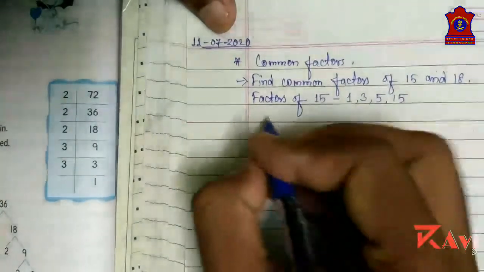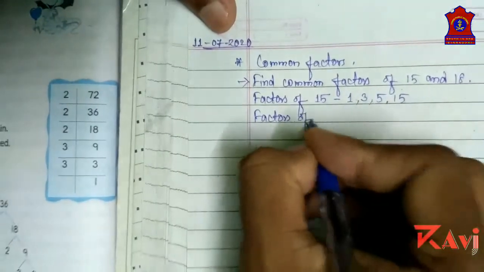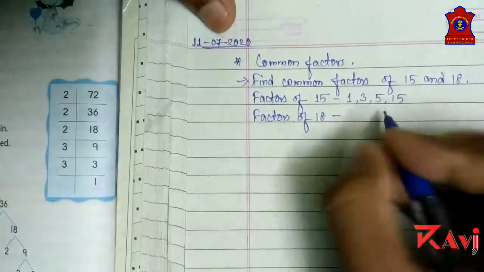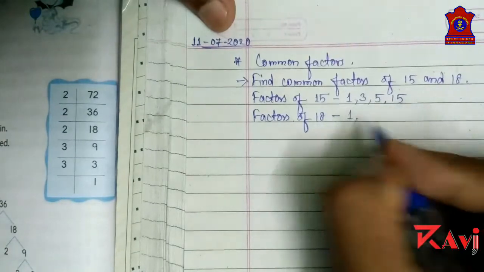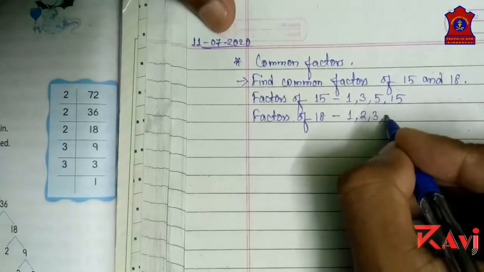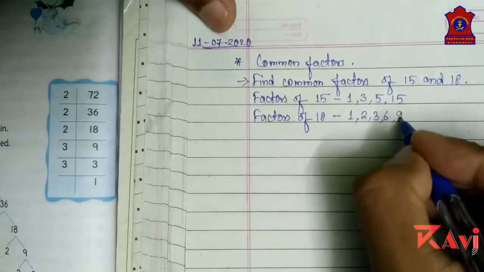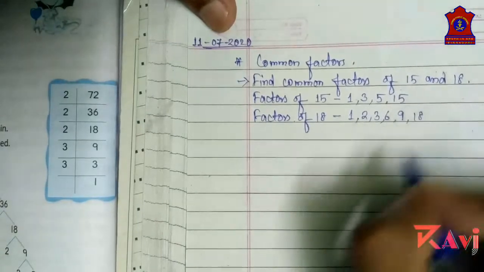Okay, factors of 18. 18 is divisible by 1, 2, 3, 6 3s are 18, 9 2s are 18 and 18 1s are 18.